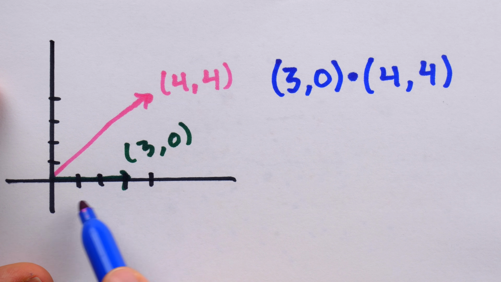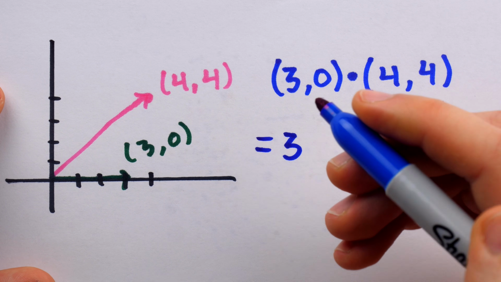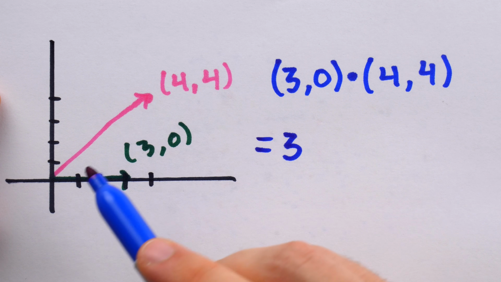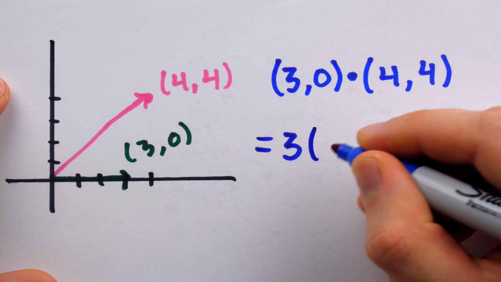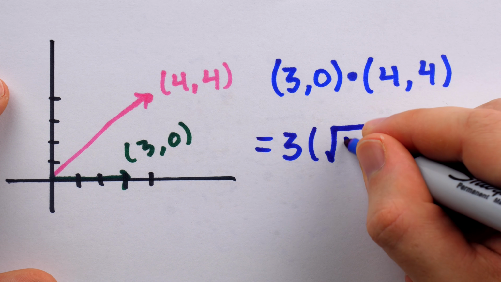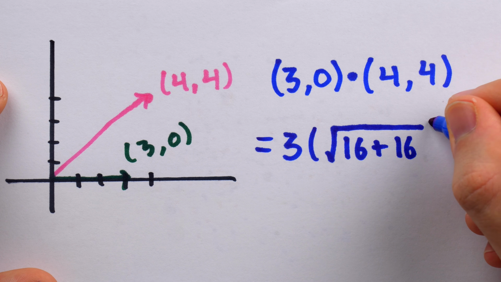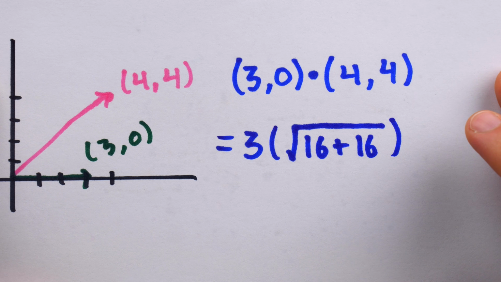Certainly, the magnitude of this vector going to 3, 0 is equal to 3. The magnitude of this vector going to 4, 4 can be found using the formula that we discussed earlier. It would be the square root of the sum of the squares of its components. The square of 4 is 16, so this is the square root of 16 plus 16.